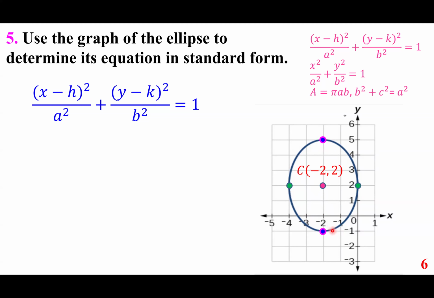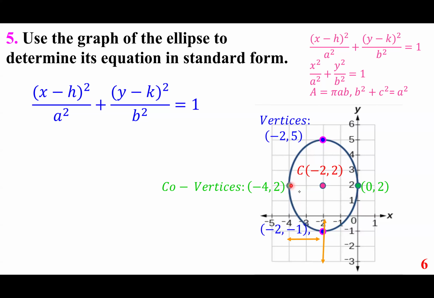The vertices are located at -2, 5 and -2, -1. Co-vertices are located at 0, 2 and -4, 2. So we locate those points.